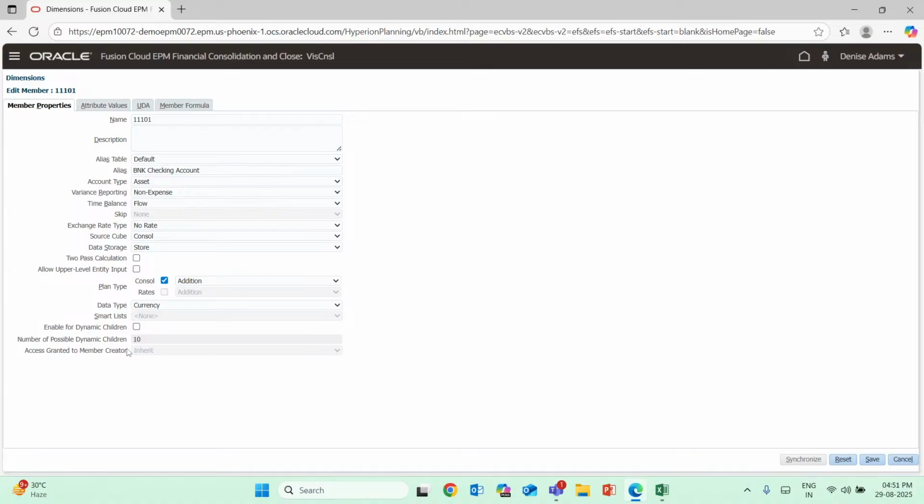These three things are not required, because they are for the ASO cube and for PBCS or ASO. We do not have an ASO cube because we only have a Consol cube, only one cube we are working on. So that's why these three are not applicable in FCCS.